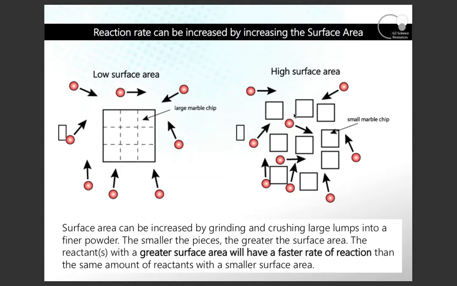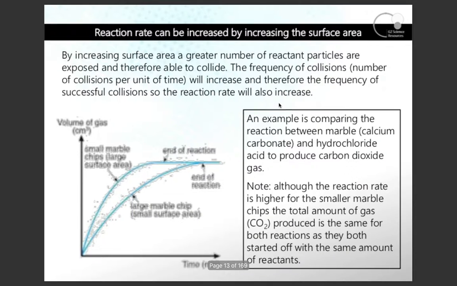If we've got a high surface area, so if we've powdered up our marble chips, then a lot more particles are available to react. So therefore there'll be more collisions, and therefore there'll be more successful collisions per unit time and a faster rate of reaction. So that's one of the key things with surface area, which is another one of our factors.